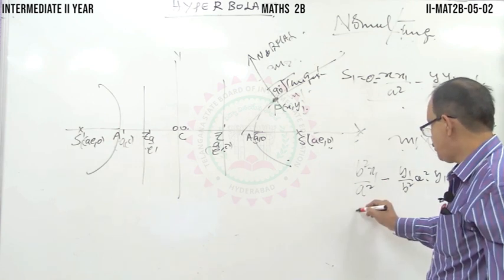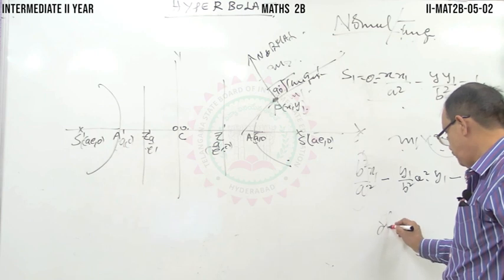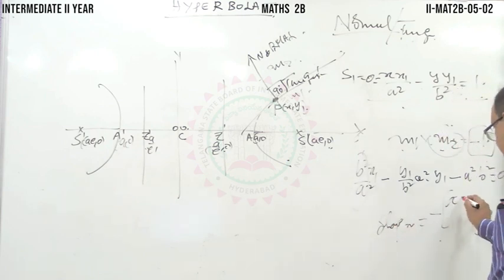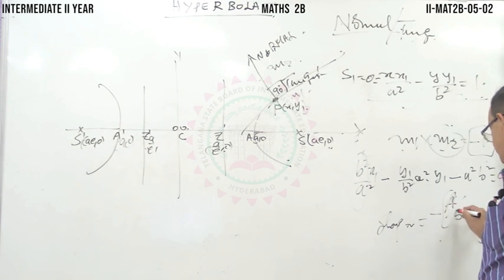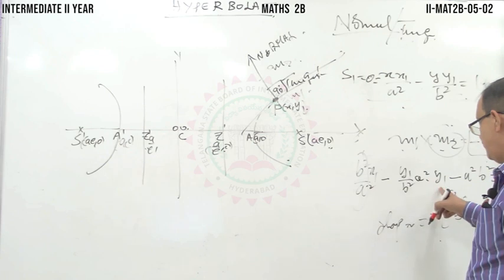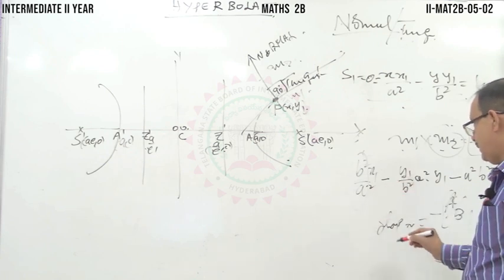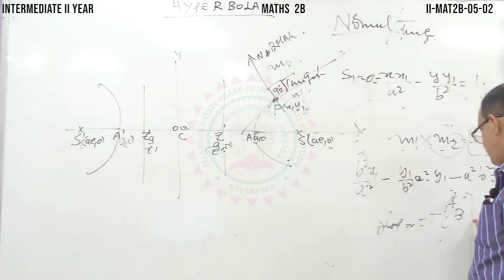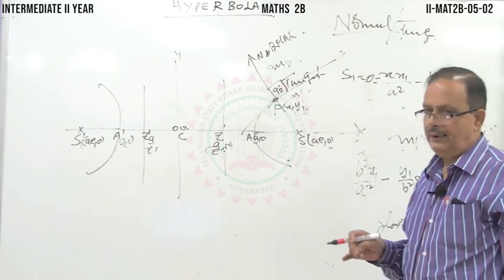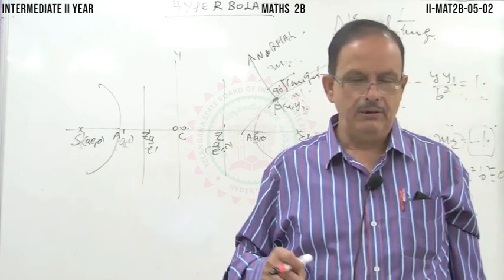Then if you want to know the slope m2, it is very simple: minus of capital A by capital B, that is, coefficient of x by coefficient of y. So we write b square x1 by a square and derive it in this form. This is how we take in general the slope of a tangent or a normal.